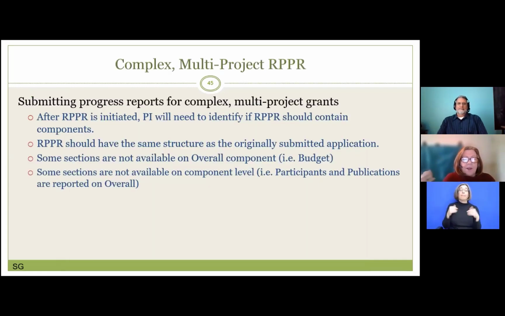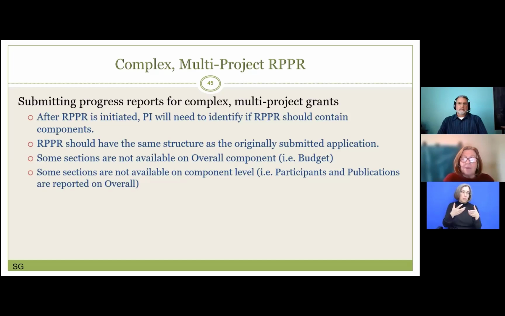Complex. We call it complex, or multi-project, or multi-component. You can see those as all the same. Sometimes we call it a component, sometimes we call it a multi-project. Basically, you're adding components to the RPPR. They should match up or be close to matching up to what is on your application.